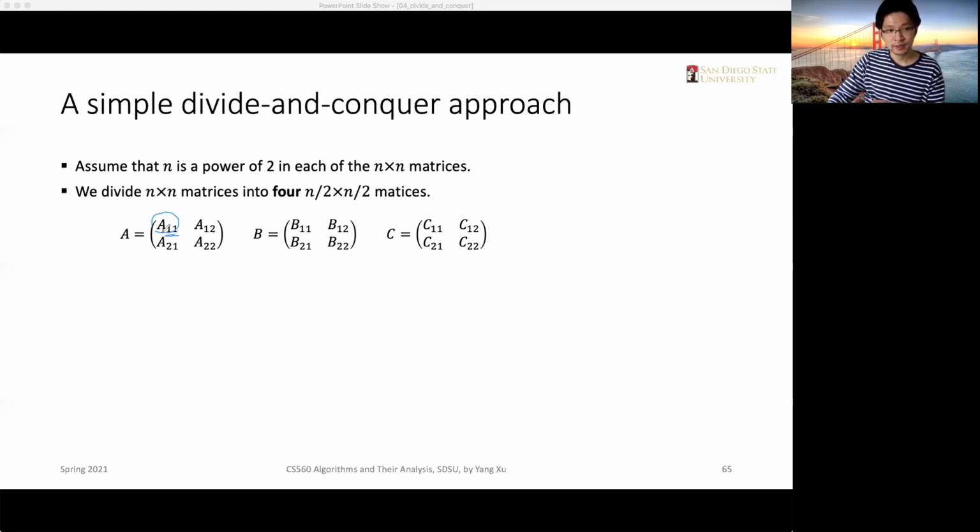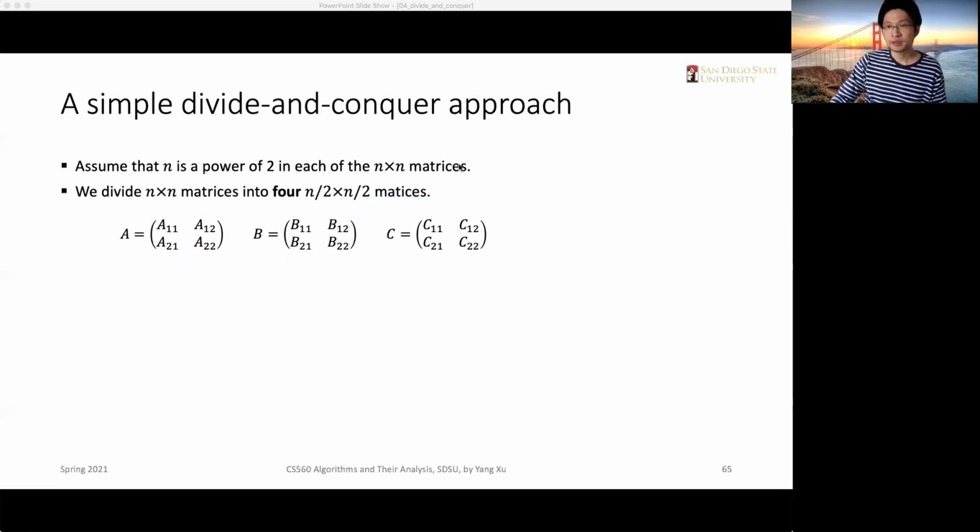It's the indices for the submatrices. So it means this is the submatrix at the upper left corner. The second submatrix has the subscript 1,2, and so on to A 2,1 and A 2,2. We did this for B and C as well, and C is where we store our results.